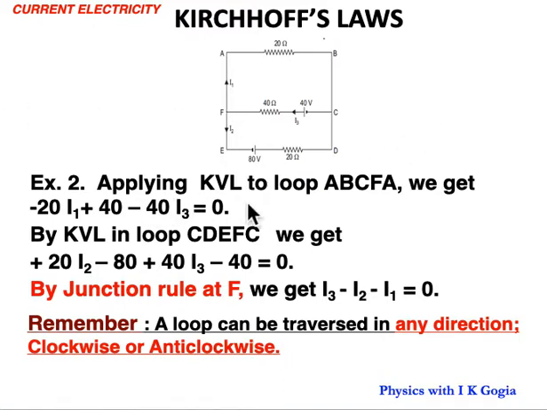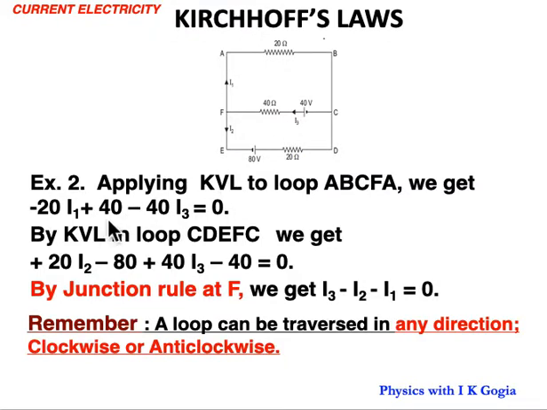If you apply Kirchhoff's voltage law to loop A, B, C, F, A. Here the current is I1, here the current is I3. For AB, the current is I1 and we are along the direction of current. So, minus 20 into I1, and coming here you are moving from negative to positive.